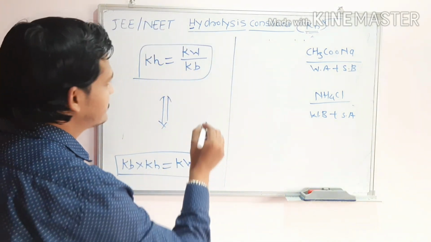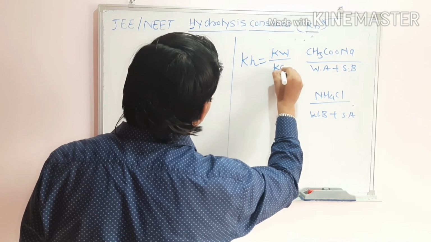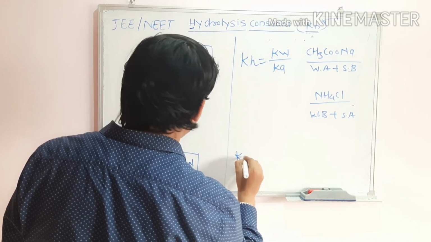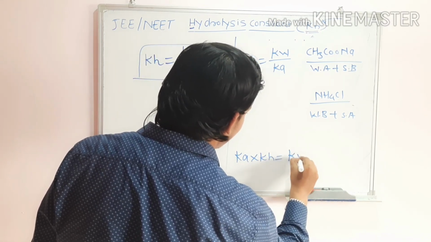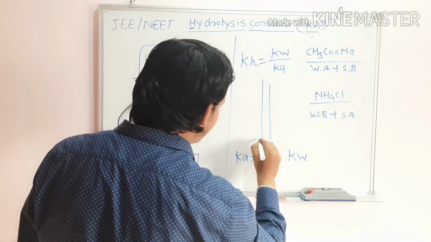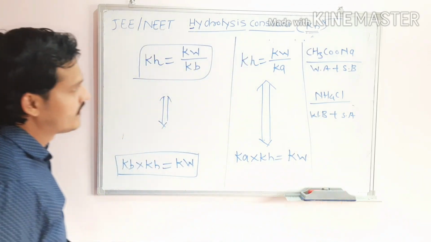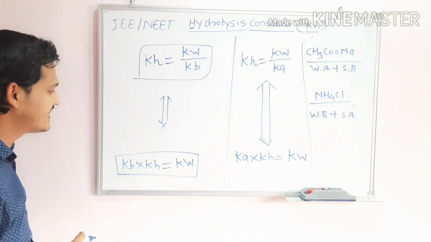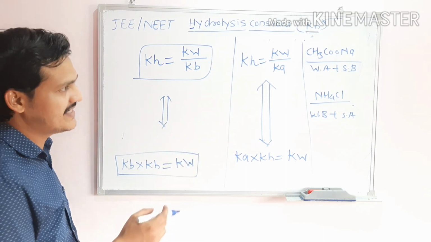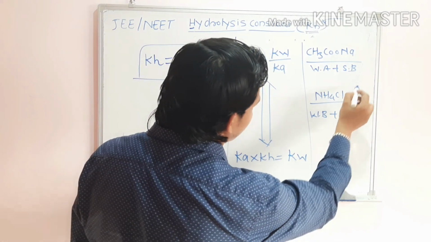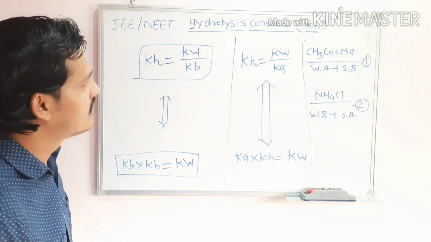Now the overall formula will be KH is equal to KW divided by KA, and here KA into KH is equal to KW. In this video lecture, we studied these two JEE and NEET based points, and we get four formulas regarding hydrolysis constant for weak acid strong base and weak base strong acid. These two examples we discussed in this video lecture.